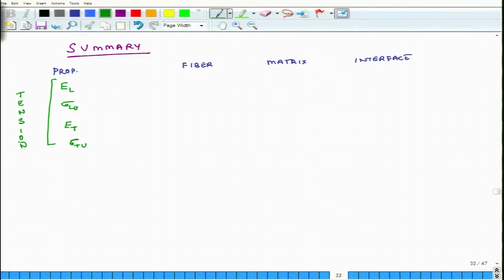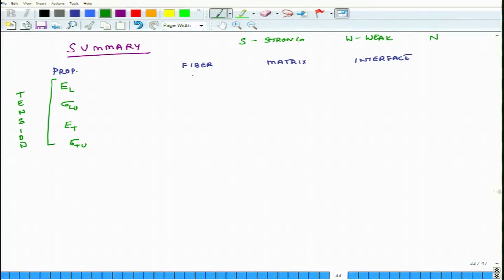We will write some letters. If the influence of fiber is very high, then we write S for strong. If it is not high, then we write W for weak, and if it is negligible, then we write N.